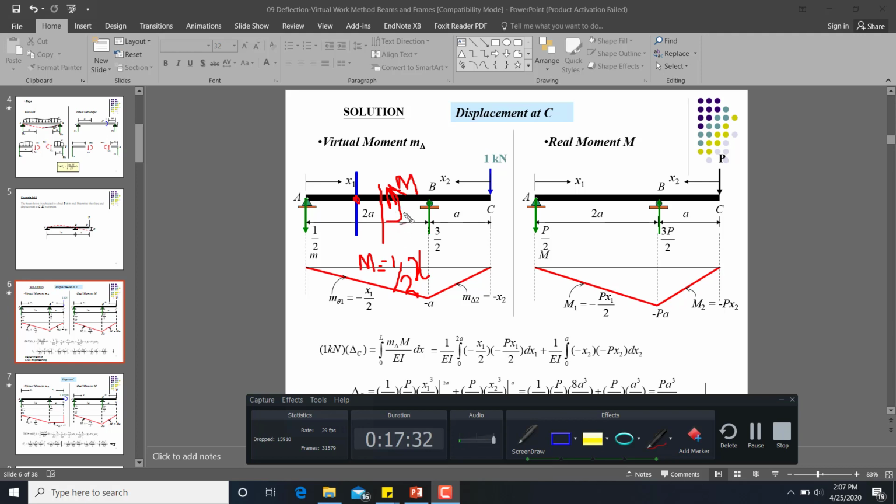So this moment would equal minus 1 by 2 times x. Similarly, we can calculate the moment at this section by multiplying 1 into x. So the moment would be in this direction, so it would be taken as negative. So this is the moment at section 2 and this is the moment at section 1. These are the values of moment.